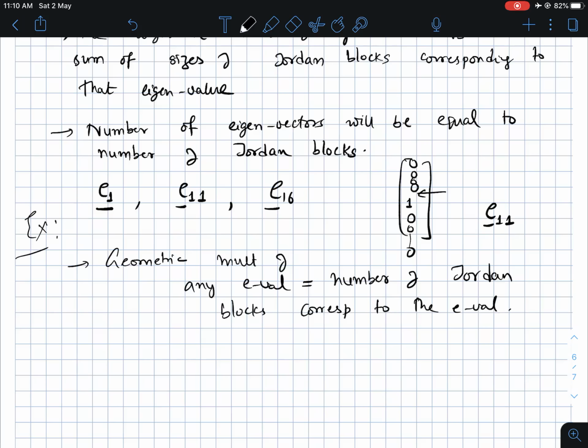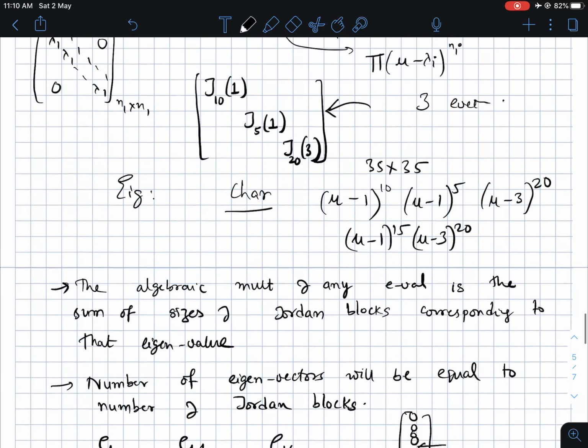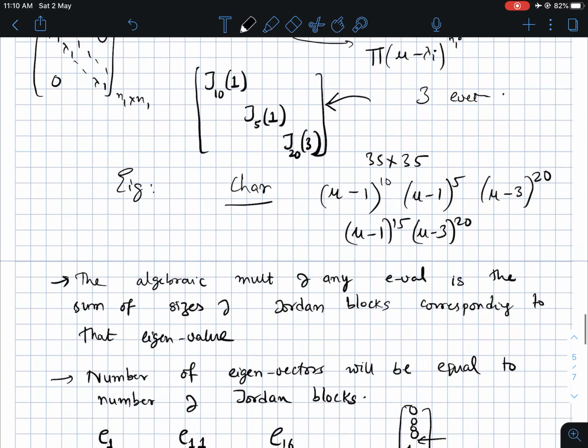For example, in this example that we had given, what is the geometric multiplicity of, let's say, 20? That's just going to be 1, as there's only one Jordan block corresponding to 20. What is the geometric multiplicity of 1? That's going to be 2, because there are two Jordan blocks corresponding to the eigenvalue 1.